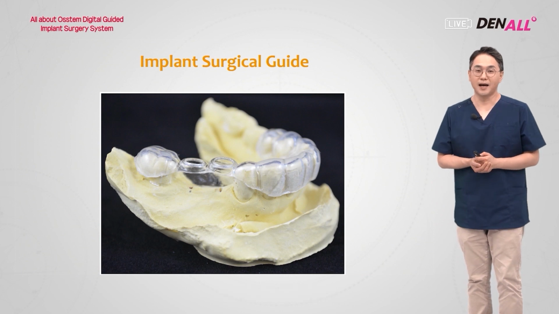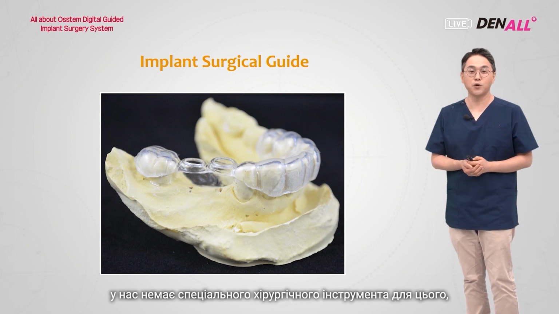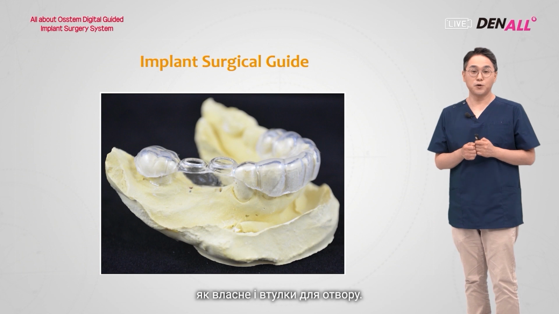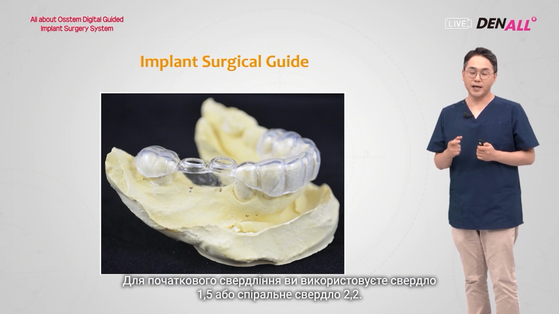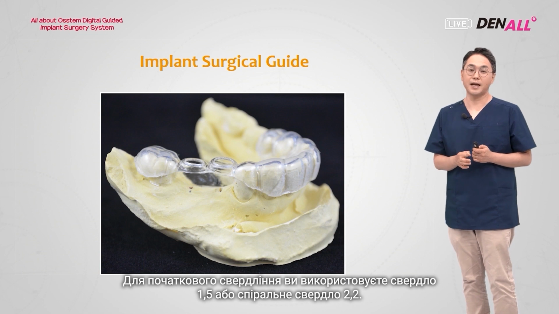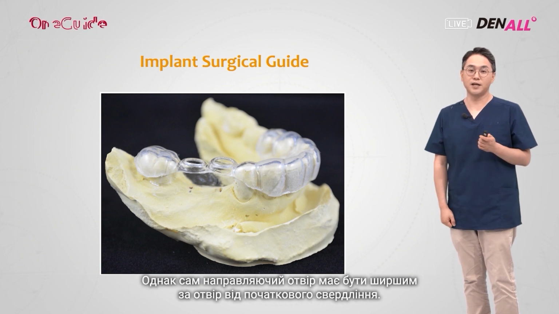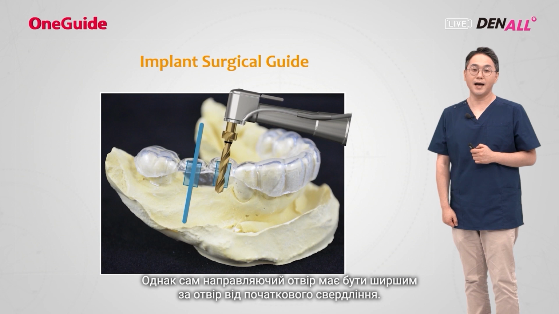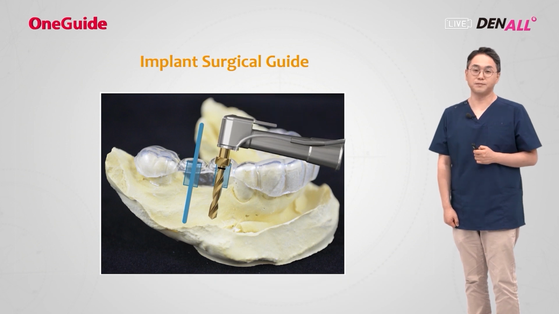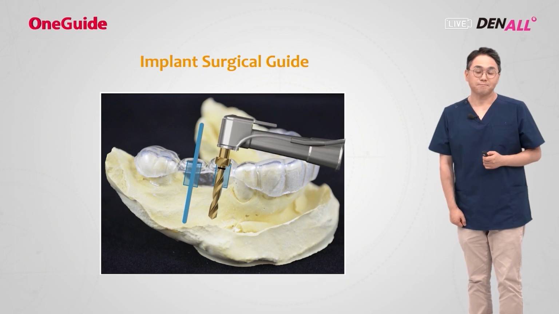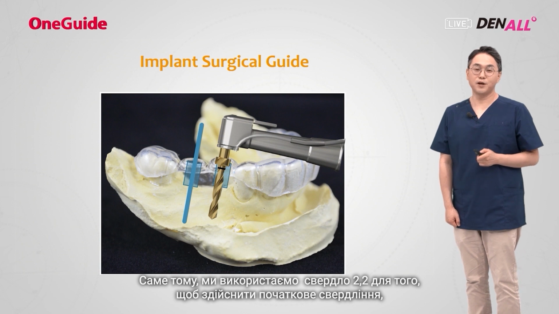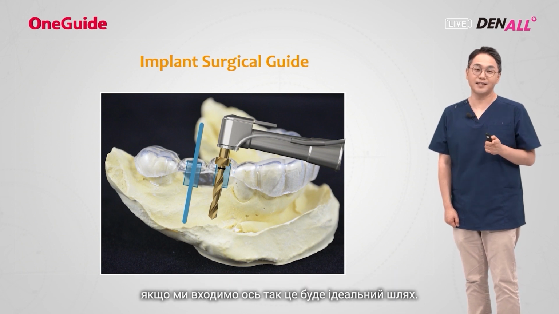However, there's a problem. There's no dedicated surgical tool for it. For the initial drill through the guide hole, you use a 1.5 lance drill or a 2.2 twisted drill. However, the guide hole itself is thicker than the initial drill. Therefore, if we use the 2.2 twisted drill to get the path and do initial drilling, we go in like this.